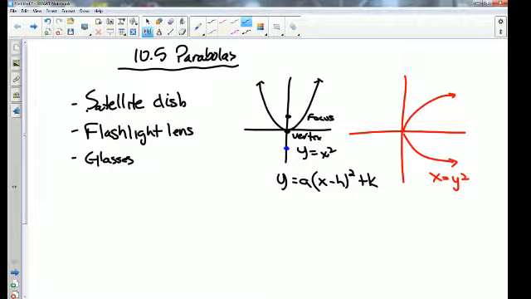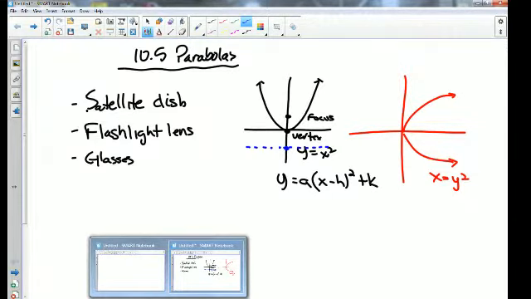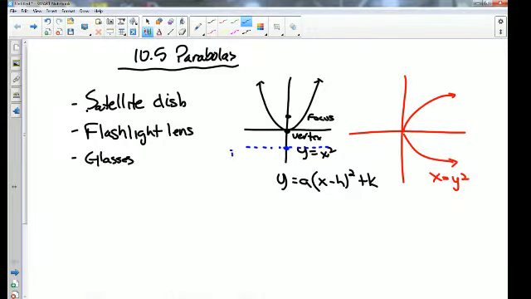This here is called the directrix. It is equidistant from the vertex and the focus. The vertex is the midpoint of the focus and directrix. These are the same distance. Right? So, just note that.